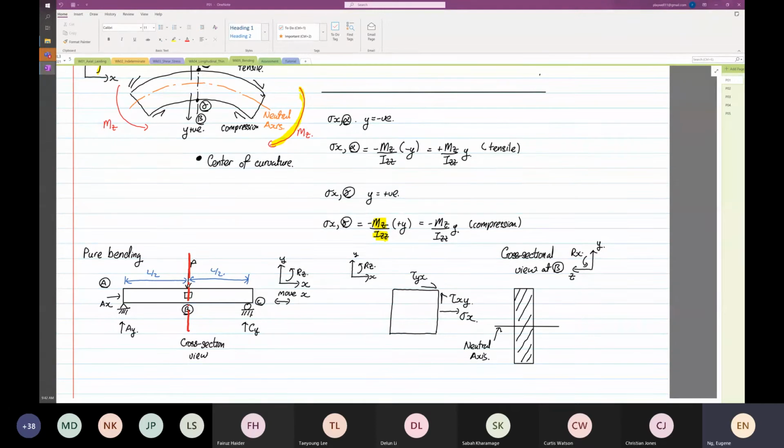Let's say the deformation is a smiling face where we apply the load P. So this is our deformation pattern.